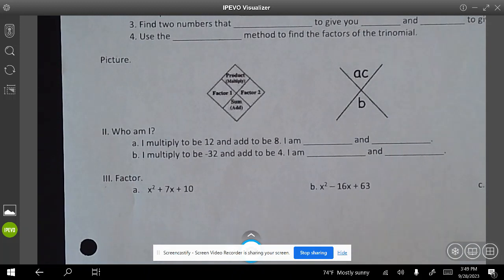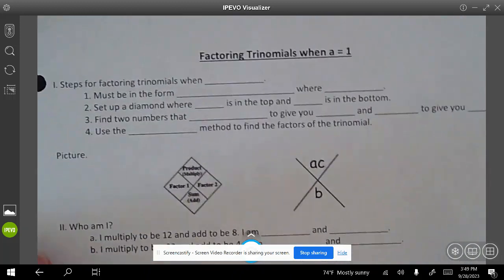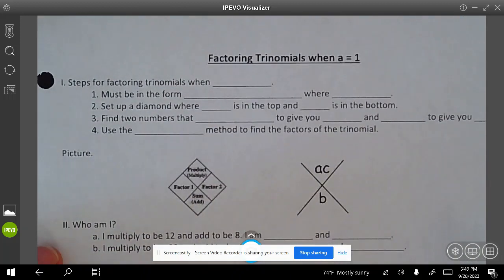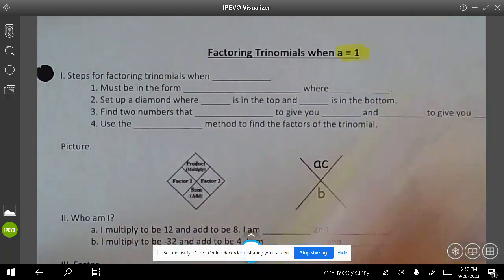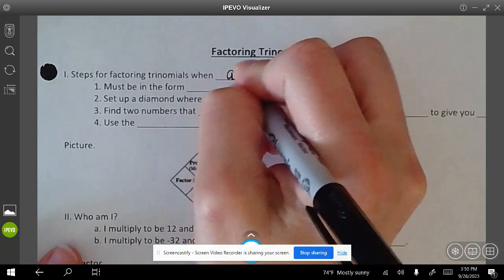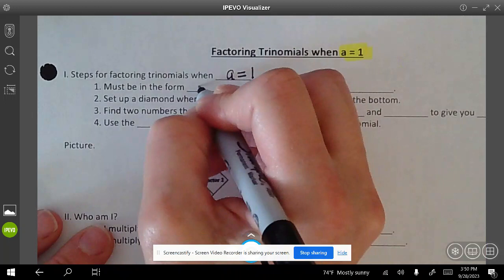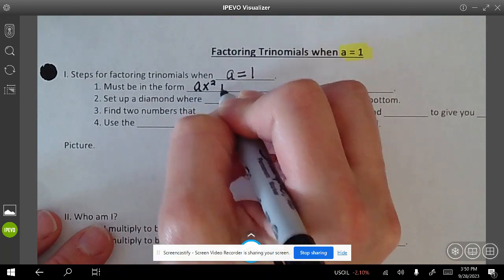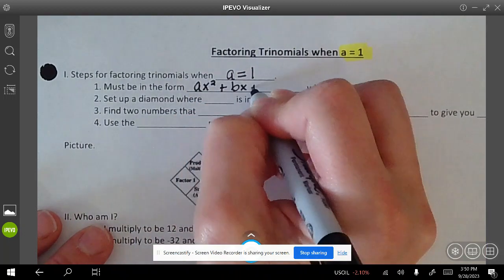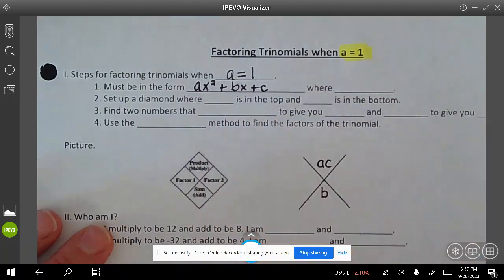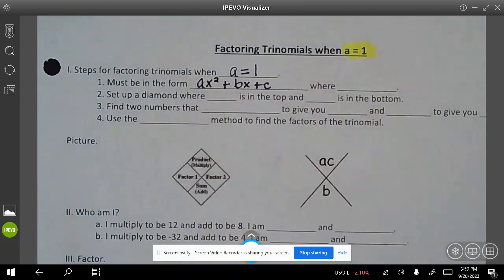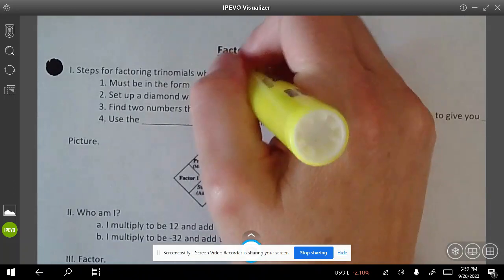So let's get us some steps here first to talk about how to factor trinomials. I want you to highlight and notice that we're talking about factoring trinomials when a equals 1, okay? And I'm going to explain what that a means right here. They have to be in this form: ax squared plus bx plus c. So the a that we're talking about, this a right here, is this a.